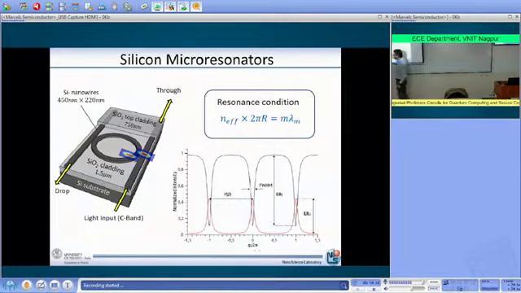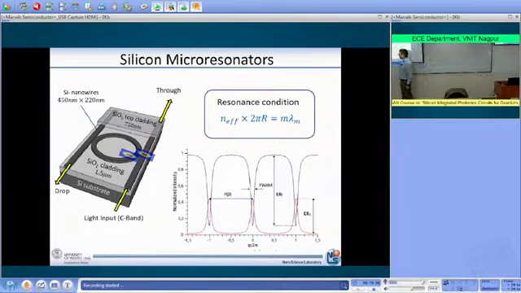And what you see here is that when the resonance condition is not satisfied, the light coming out from the through is equal to 1, and the light coming out from the drop is equal to 0. But now if you scan the wavelength, you enter the input waveguide by using a wavelength that corresponds to a resonance condition.